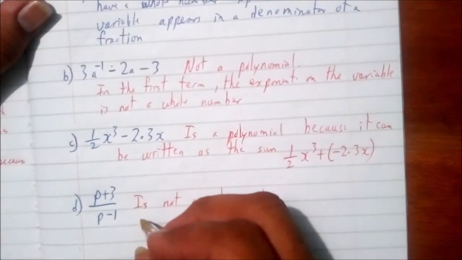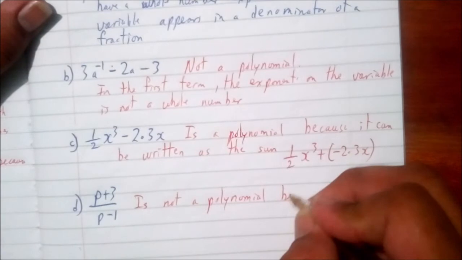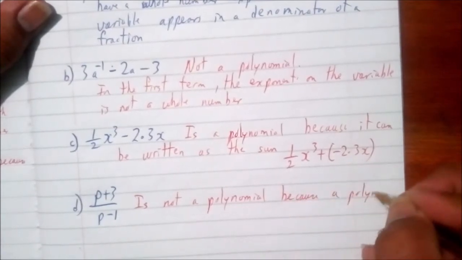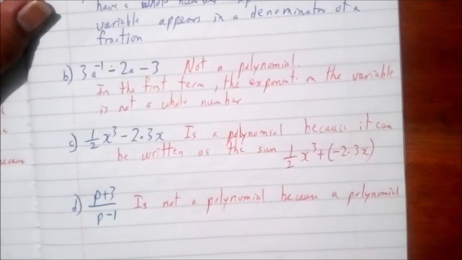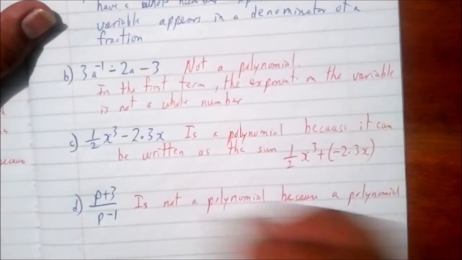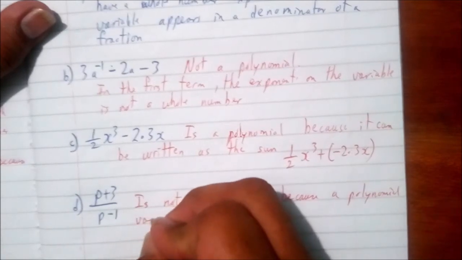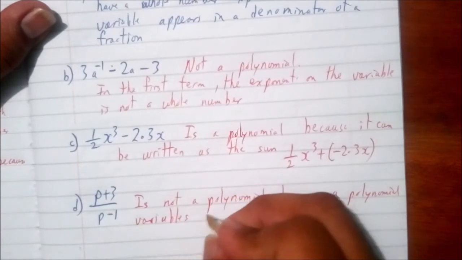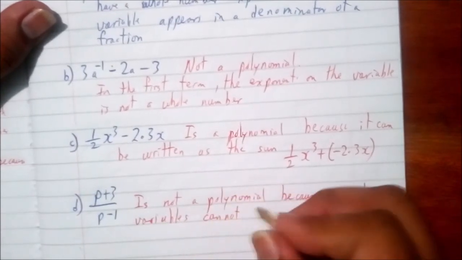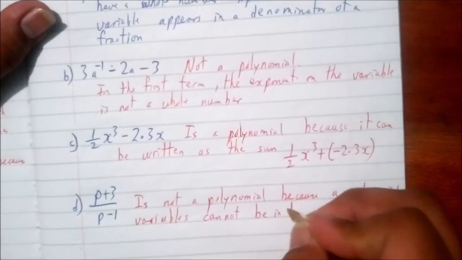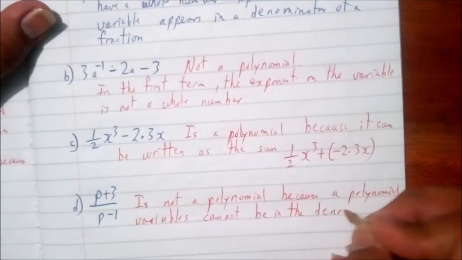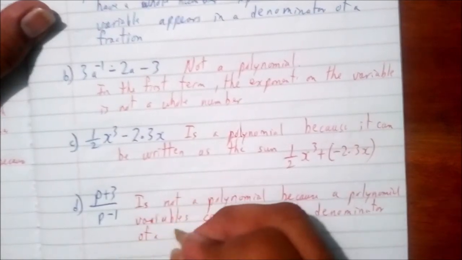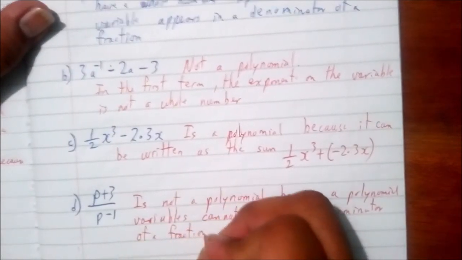Because the variables in a polynomial cannot be in the denominator of a fraction.